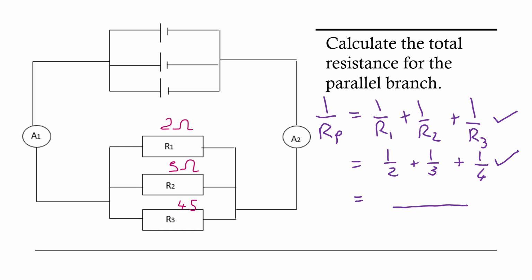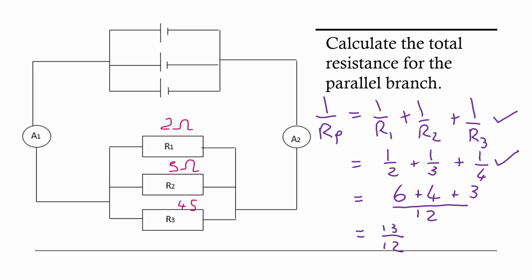It's not 4 because 3 doesn't go into 4. Not 5, not 6 because 4 doesn't go into 6. So we're looking at 12. How many times does 2 go into 12? 6 times, okay? How many times does 3 go into 12? 4 times. And how many times does 4 go into 12? 3 times, okay? Then we add them all together. That gives me 13 over 12.